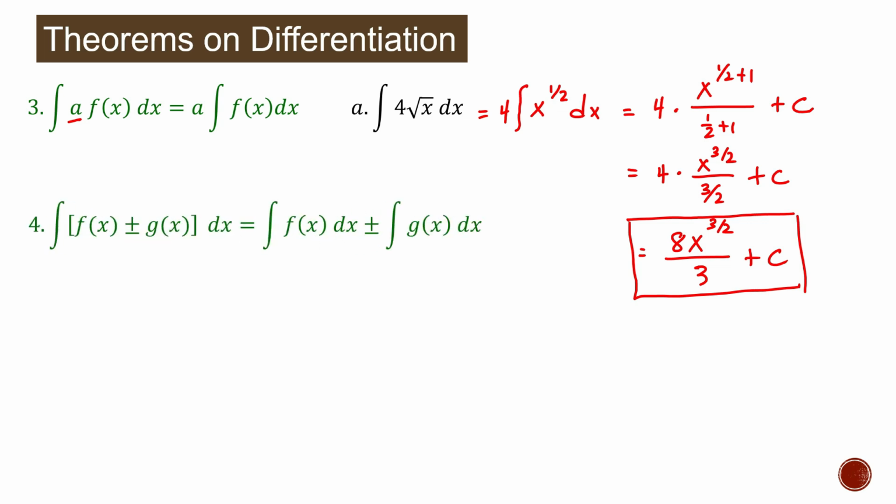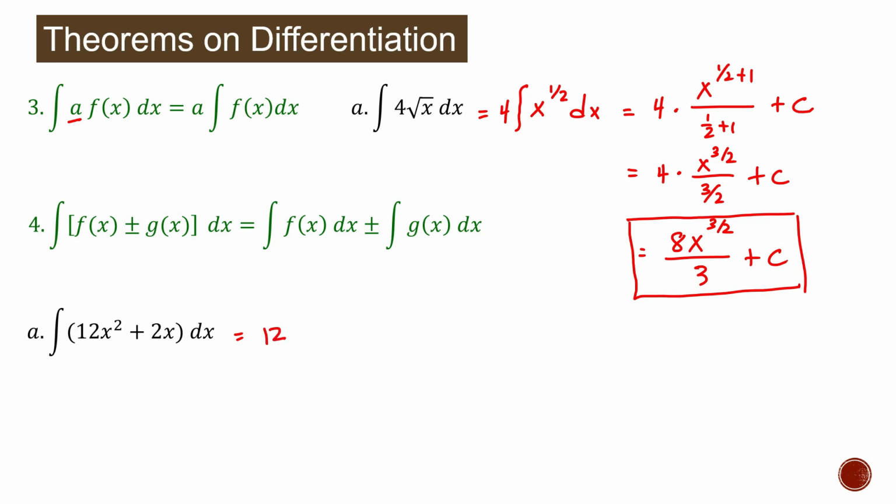Let's go to the fourth theorem, and here I'm going to give you 4 examples. Just want to make sure I cover everything. Here's the first one. What I'm going to do is separate that 12x squared plus 2x using the theorem. It says we can do that. And theorem number 3 at the same time, we can do both.